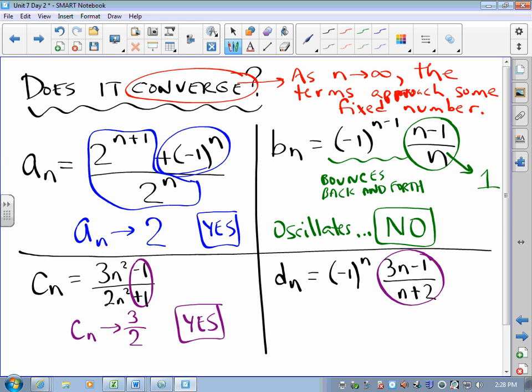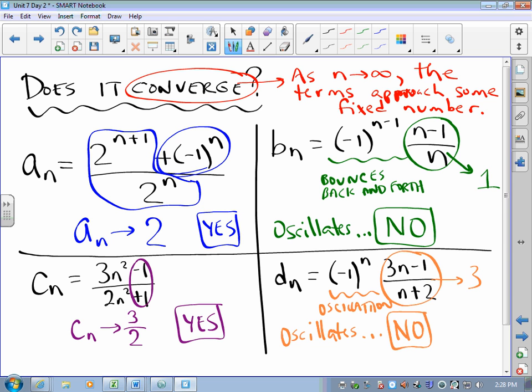This gets closer and closer to 3. This is an oscillation. So it's bouncing back and forth between 3, -3, 3, -3, and so on. This does not converge. By the fundamental law of textbook examples, there must be 2 that do and 2 that don't.